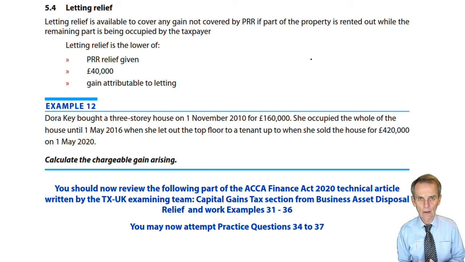That has changed. You now only get letting relief, as we'll discover in our next, hopefully relatively short final session. You only get that where you actually, the individual, live in the property. So only where you live in it, you've got a lodger. You're letting out some part of that particular property.